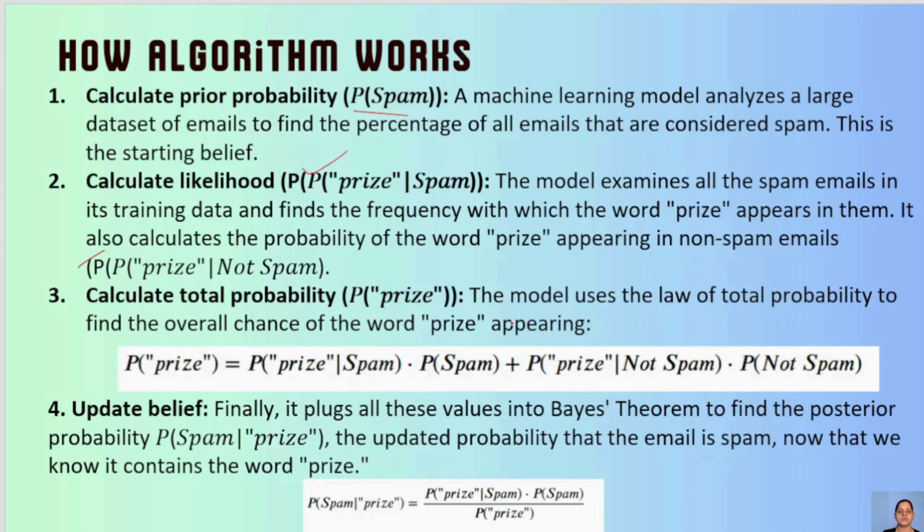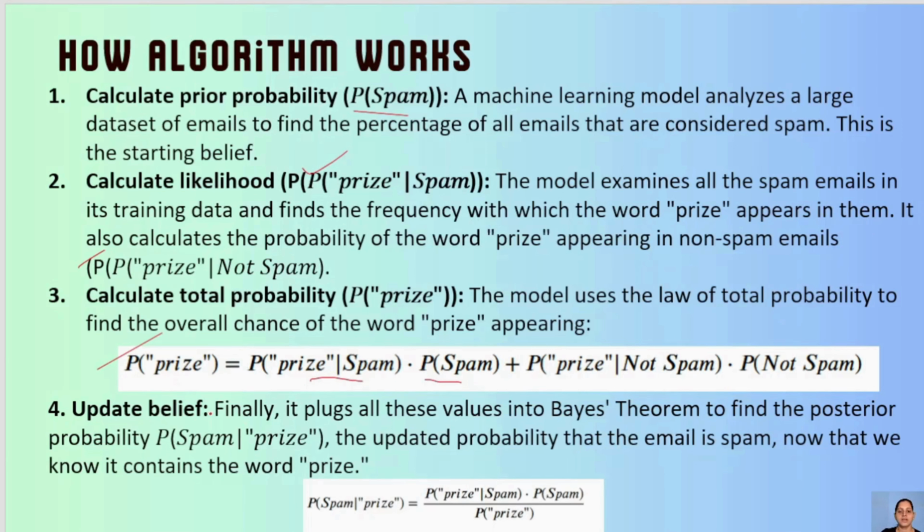So this is the final formula. We are taking the probability of the price term coming in spam, multiplying it with the spam share of the total data set, then adding the non-spam term with the non-spam share of the data set. Then we get the price, or the normalization data.